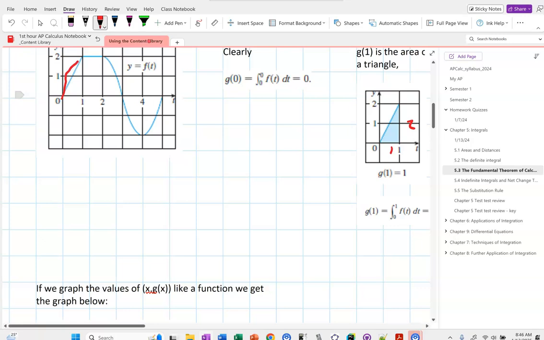Now we have g of 4. So I have this area and then this area. What do you notice about the second area there that we've highlighted? It's below the x-axis, so that's going to be a negative area.